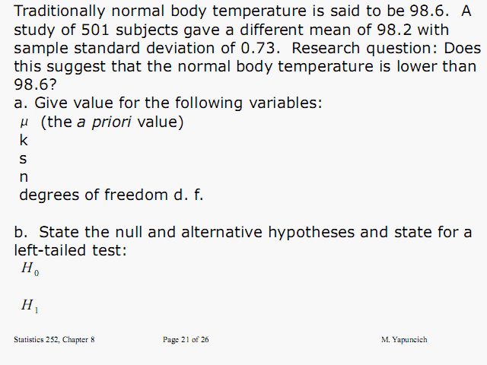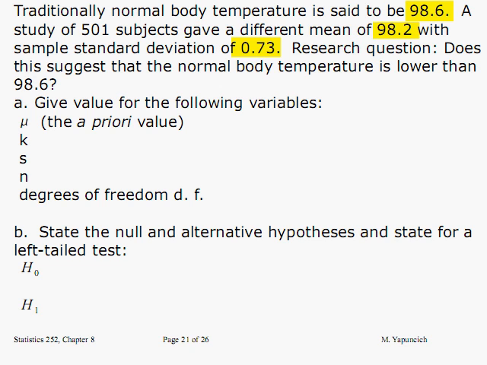The problem is that traditionally the normal body temperature, which was determined a long time ago, was said to be 98.6, and this is questioned. So 501 subjects, they measured the temperature of the 501 people and found that the mean was 98.2, and looking at these 501 subjects and how the values were distributed, there was a standard deviation of 0.73.